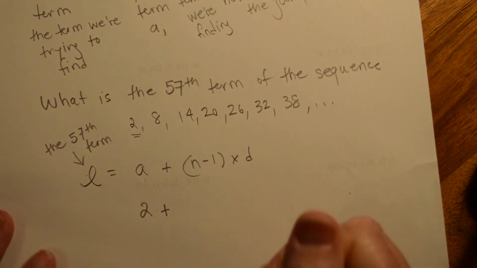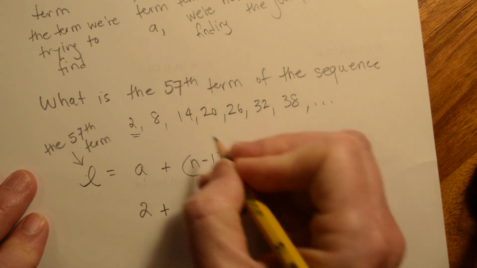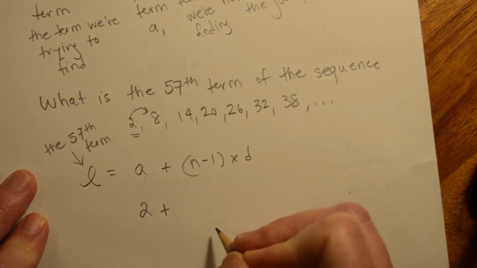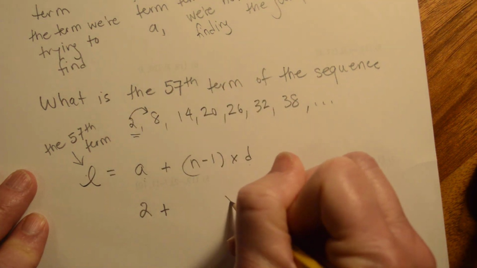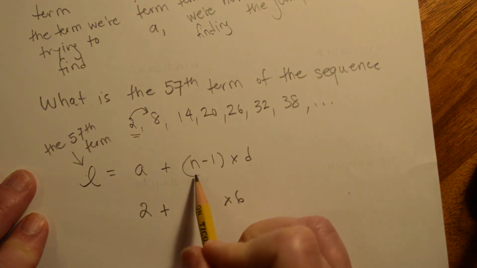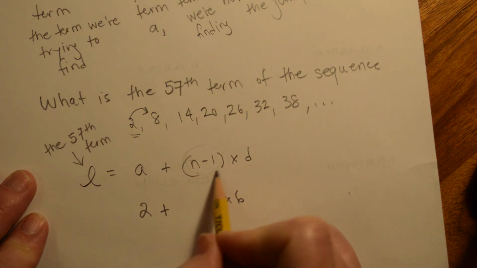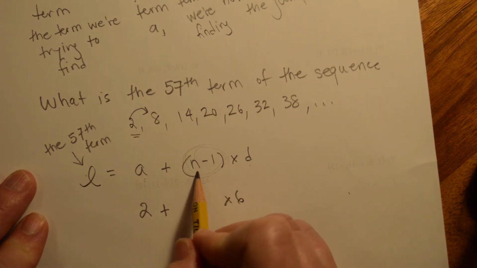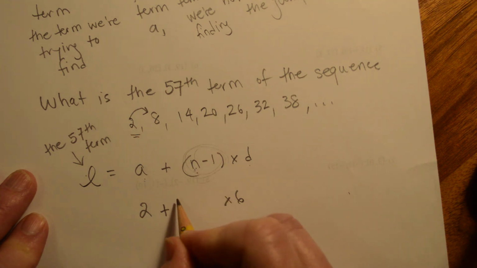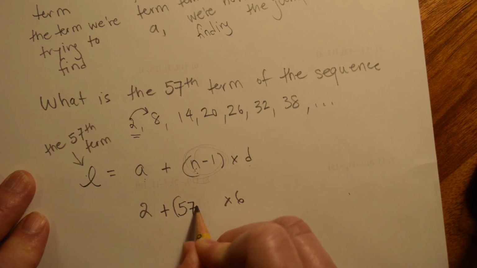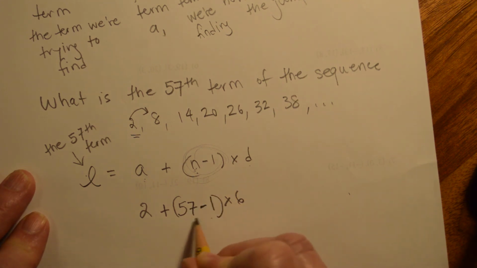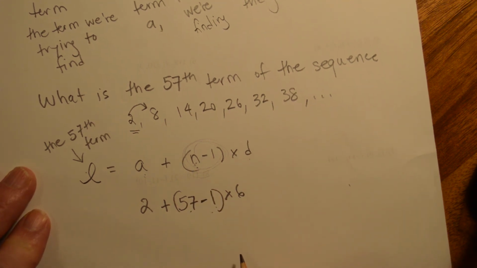The common difference, how far it is from one term to the next, is 6. And this part asks how many jumps we are going to make. It's the number of the term that we want to find, the 57th term, minus 1. We're always making one less jump than the term we want to get to.